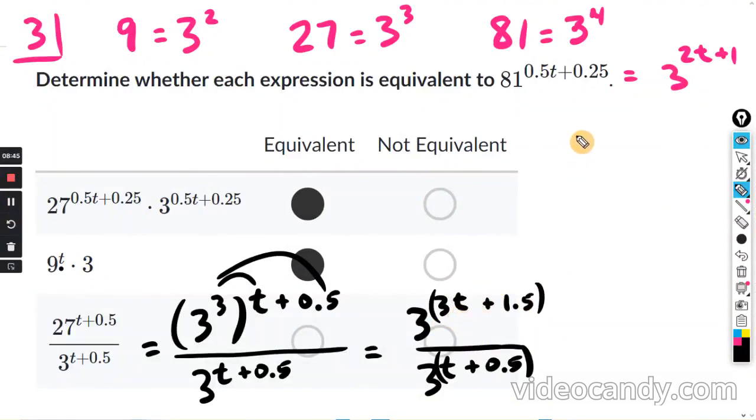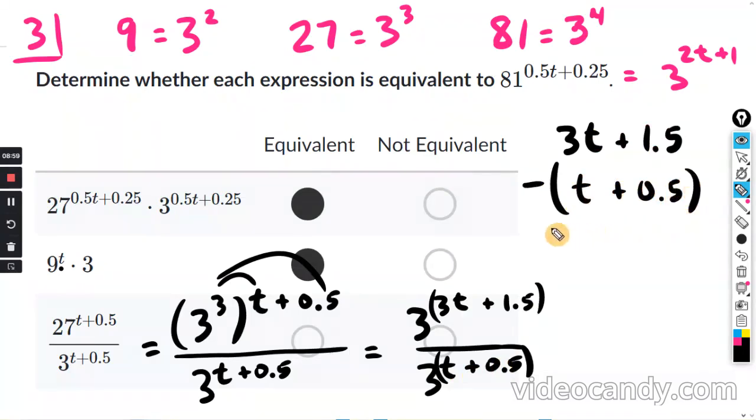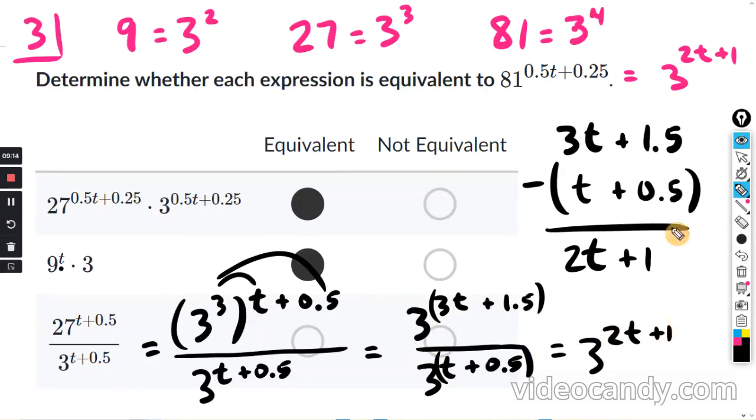We have 3t plus 1.5, and that's going to be minus the quantity of t plus 0.5. 3t minus t is 2t, and 1.5 minus 0.5 is positive 1. So this is going to equal 3, which we kept, to the power of 2t plus 1. And you can see that also equals the original. So even part 3 is still equivalent.